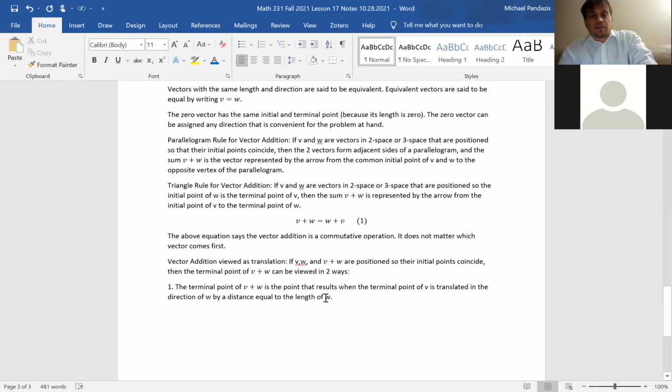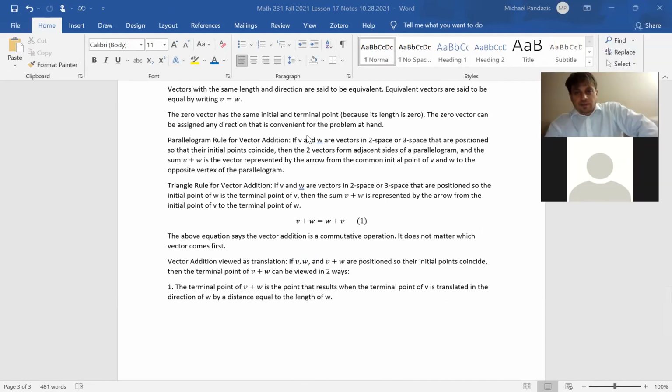Okay, so if V, W, and V plus W, all 3 of them are positioned so their initial points coincide, then the terminal point of V plus W can be viewed in 2 ways. The terminal point of V plus W is the point that results from the terminal point of V is translated in the direction of W by a distance equal to the length of W. So now you have your same three vectors.